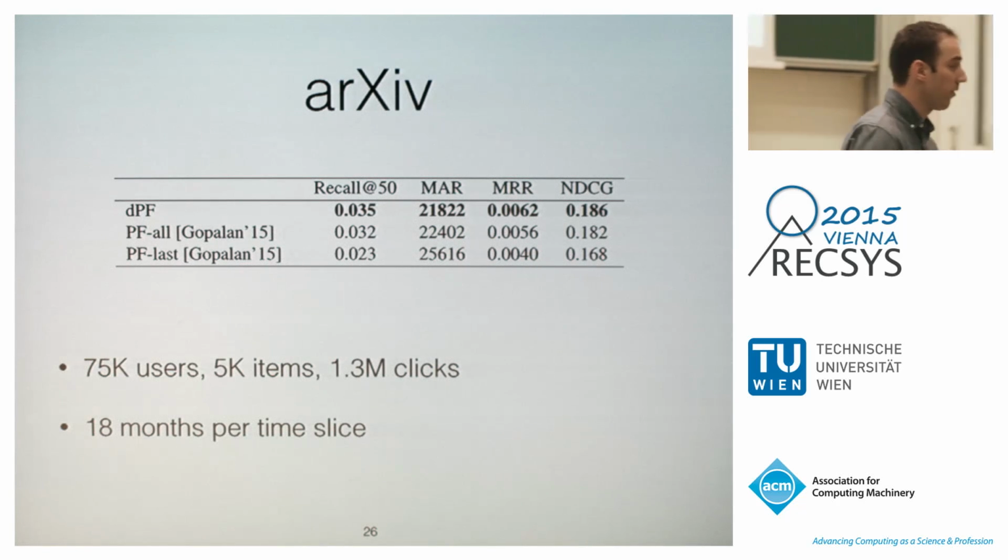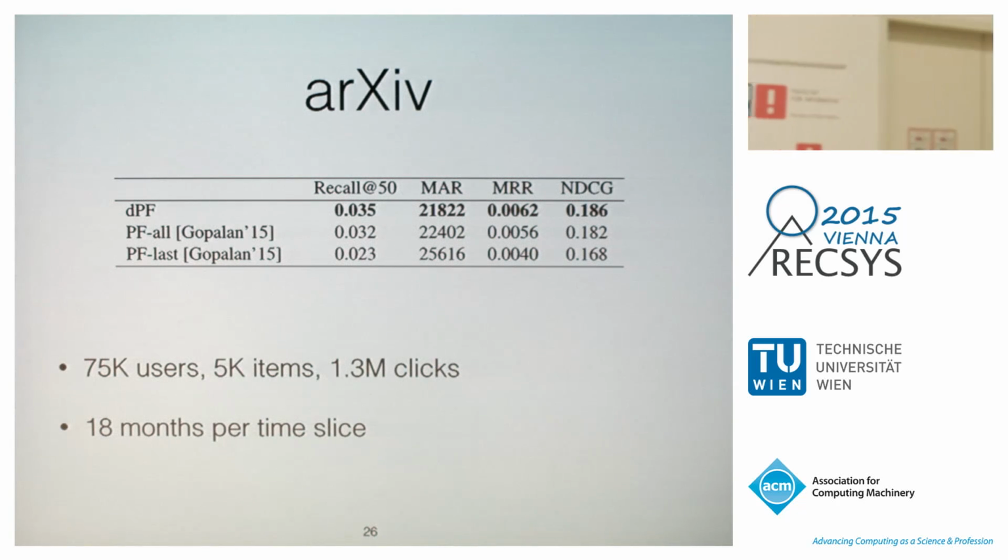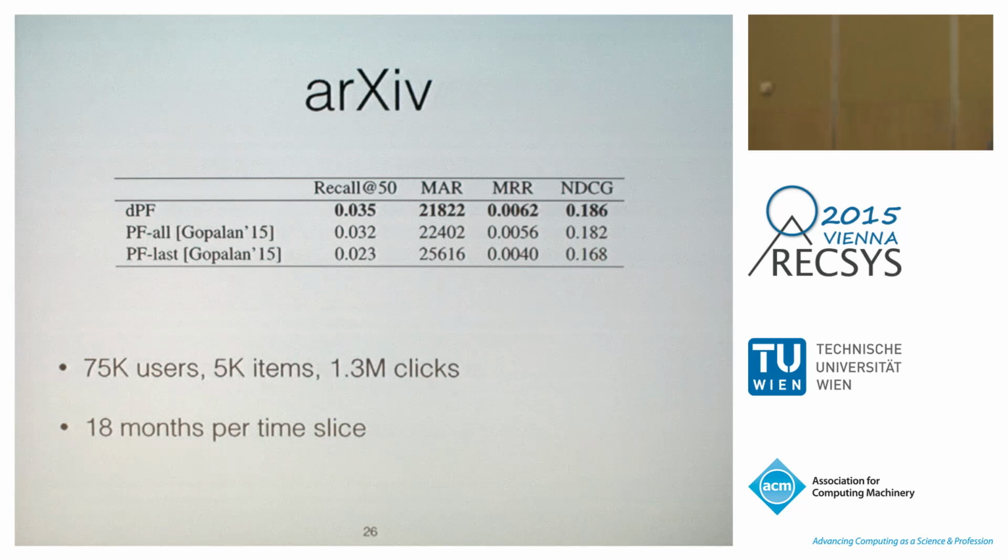Let me ask one question. Can this approach be, not generalized, but adapted to finding the seminal papers? It's nice to figure out which papers are most clickable from a personalization point of view.